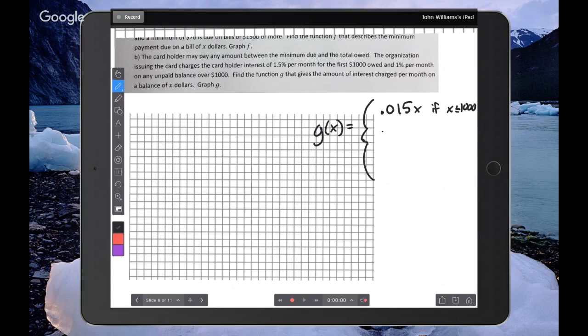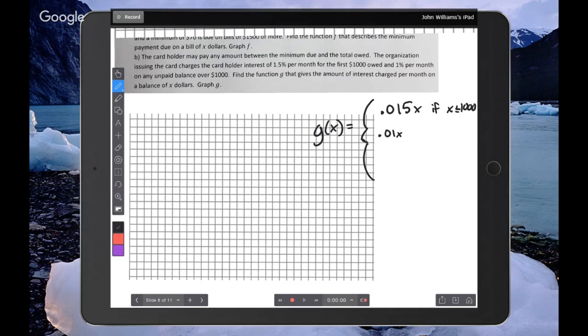So now we need to think and say, all right, if you had to pay 1.5% on your 1,000, you'd be at $15, right? And now you're going to owe 0.01x plus the $15 that you owed for the first 1,000.